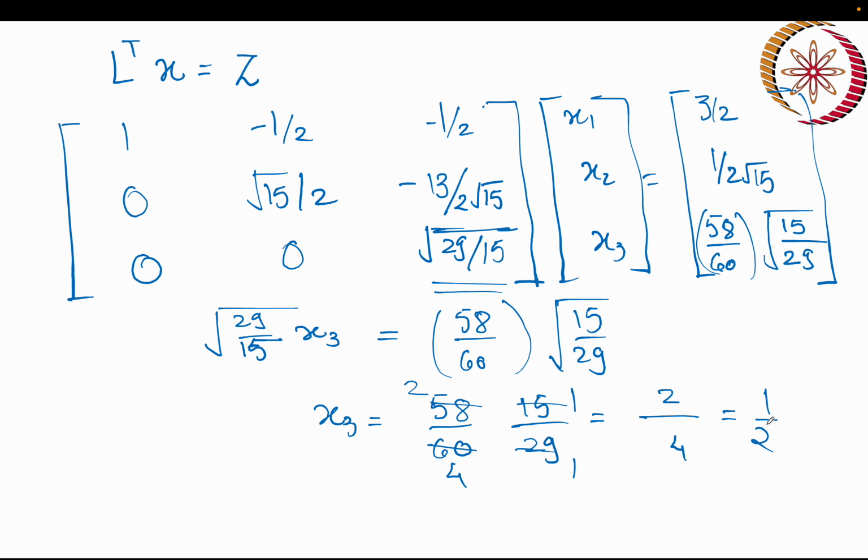So x3, finally after doing these complicated calculations, turned out to be very simple, like half.